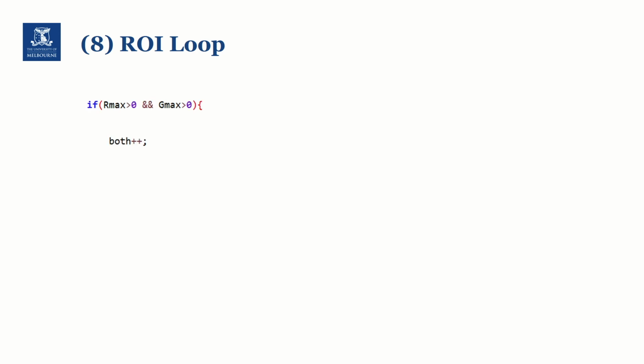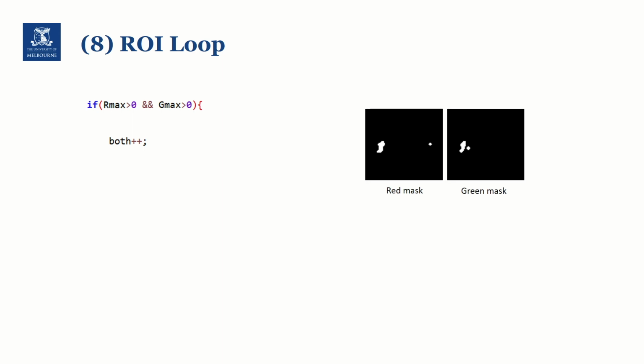We can set up a comparison condition that if both max intensities are above 0, we will increase the value of our counter named both. So in our example image, it will be the first cell. Then set up an else if condition where the red max intensity is above 0, but the green max intensity is 0, which is a red positive cell like this.